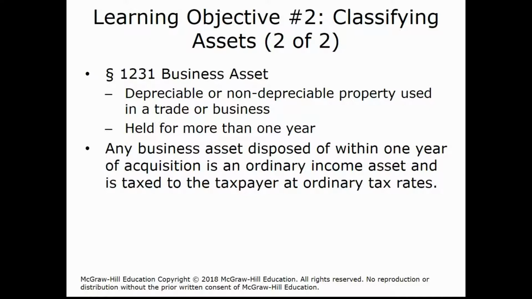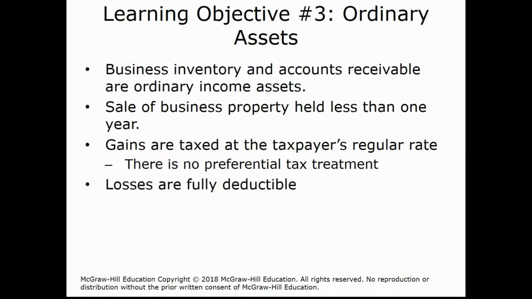However, if the asset is disposed of within a year of acquiring the asset, it is then taxed at the ordinary tax rates. And these marginal tax rates are usually higher than the capital gains rates, those preferential rates. I mentioned earlier business inventory and accounts receivable are good examples of ordinary income assets.